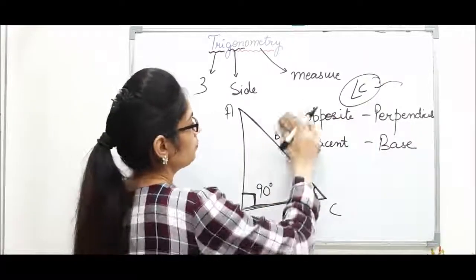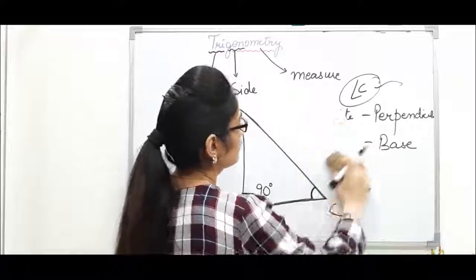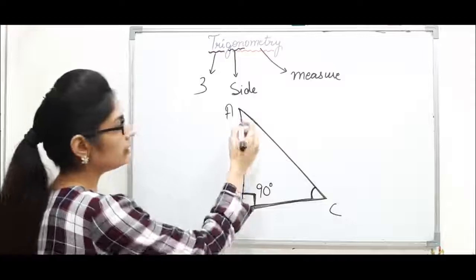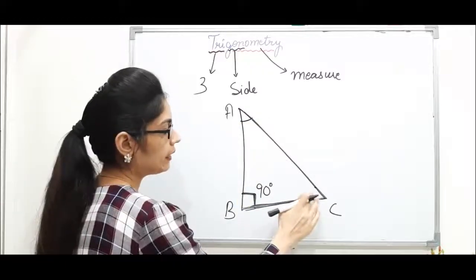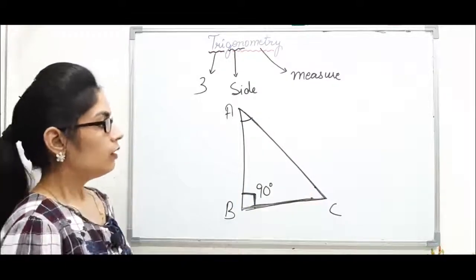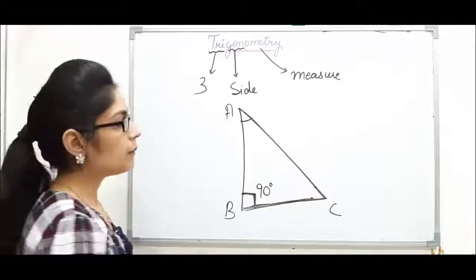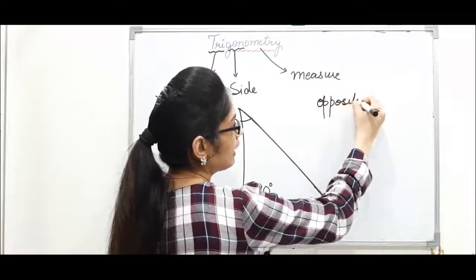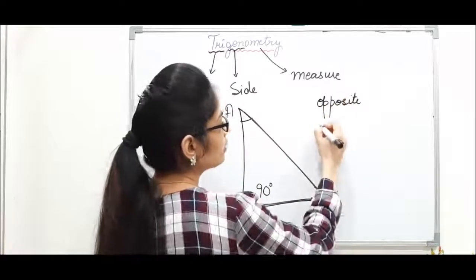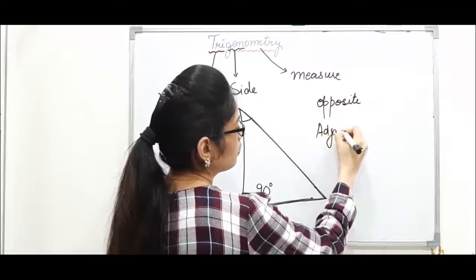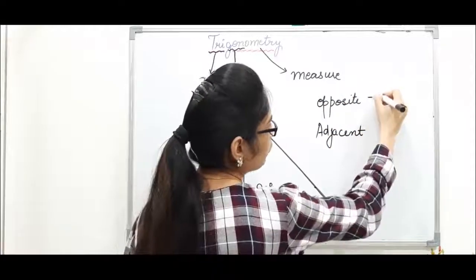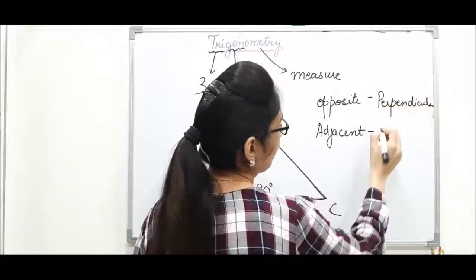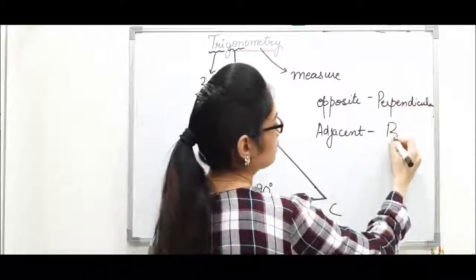Now let's take the other angle. The other angle is angle A. When I take angle A, again in the same way we have to see two things always: the side which is opposite and the side which is adjacent. The opposite side will be the perpendicular, and the adjacent side is the base in that case.